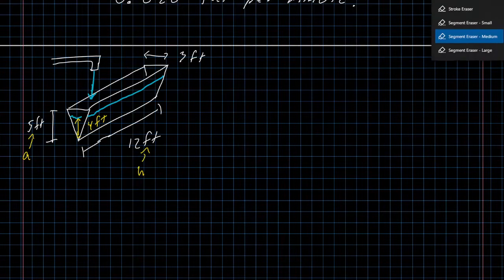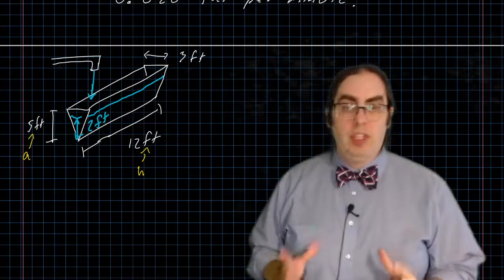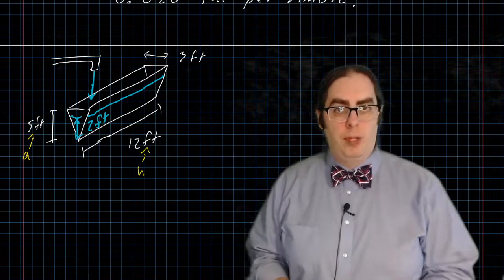And the thing that I'm going to change is, instead of thinking about what is happening when the depth of the water is 4 feet, I want you to look when the depth of the water is 2 feet. All right, so the same problem, the same setup, I've changed the depth of the water.